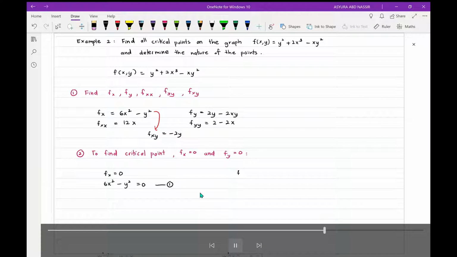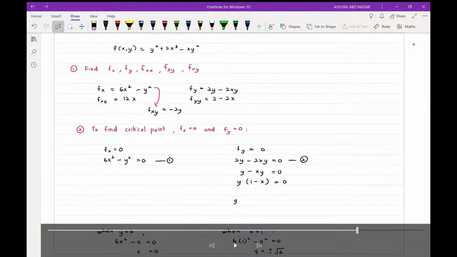Next, fy equals to 0, so your 2y minus 2xy equals 0 is your second equation. When you simplify, you will get y minus xy equals to 0, and factorize, you will get y(1 minus x) equals to 0. So now you will get y equals to 0 and 1 minus x equals to 0, so x equals to 1.